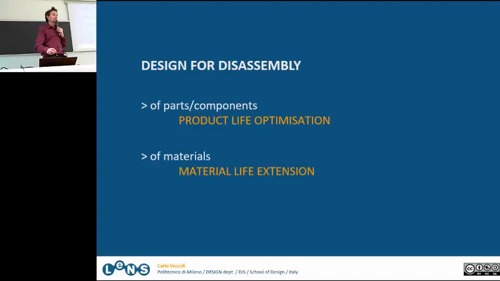But if I design for disassembly, so as to substitute those parts that would enable, for example, to extend the memory, to enable my computer to perform for the new technology and the new app and so on, then I can extend the life. So in this case, it's the substitution of some part.